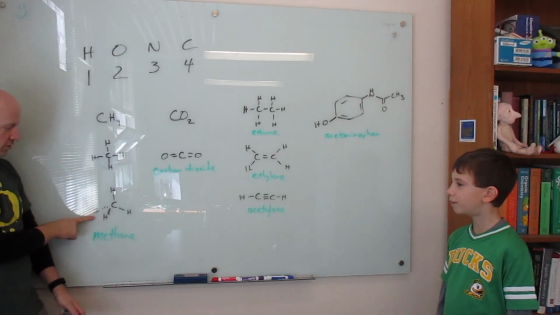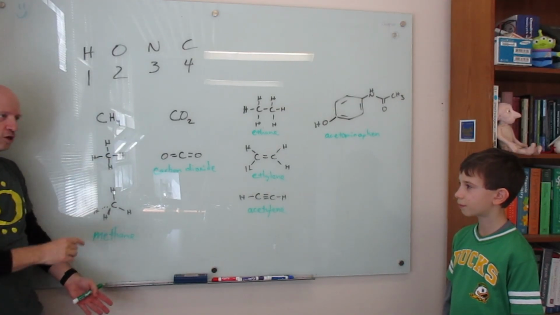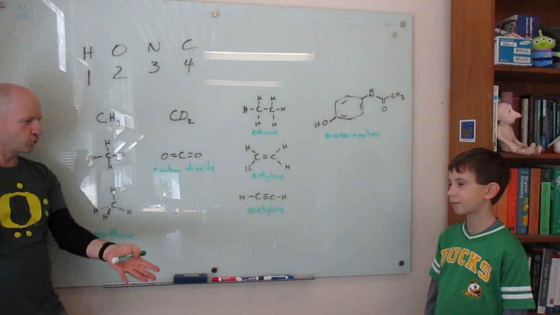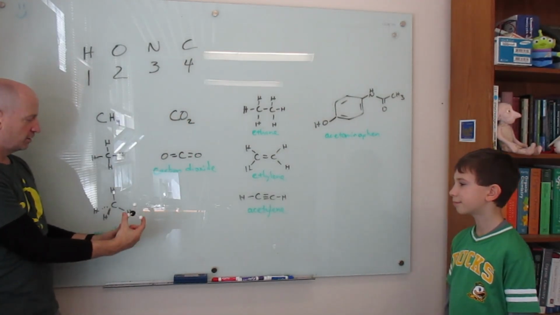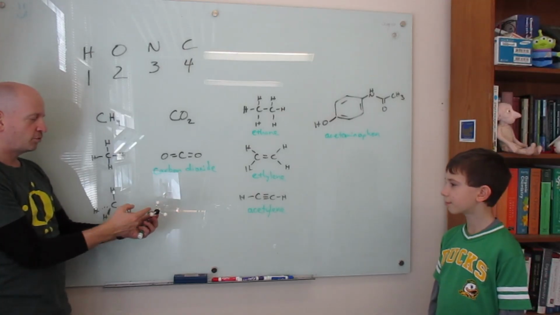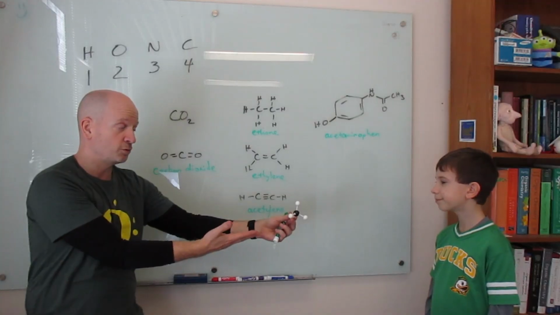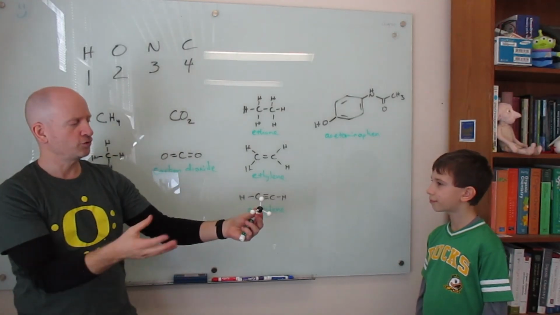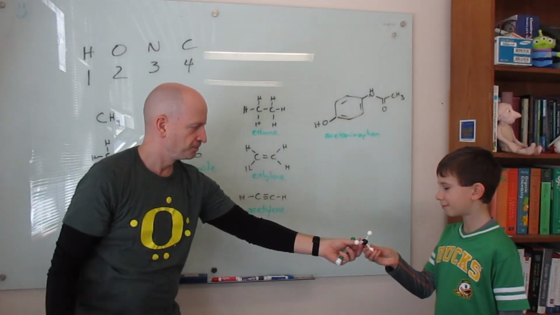Sometimes we draw this trying to give it a 3-dimensional perspective, because it turns out the central carbon is tetrahedral. And so the 4 bonds to hydrogen are pointed towards the corners of a tetrahedron, like in this model. And so a lot of times we use models to try to visualize molecules in 3 dimensions.